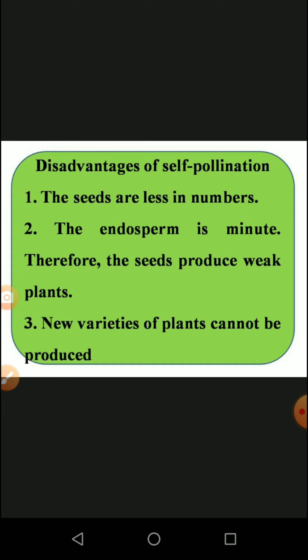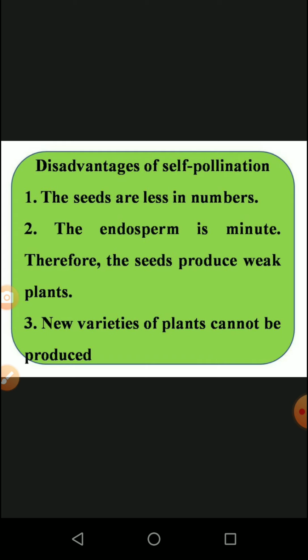And self pollination has some major disadvantages. What are they? The seeds are produced in less number, and the endosperms are minute. In the hibiscus, the endosperm cannot be seen, it is very minute. Therefore the seeds are produced in weak plants, very small and thin.